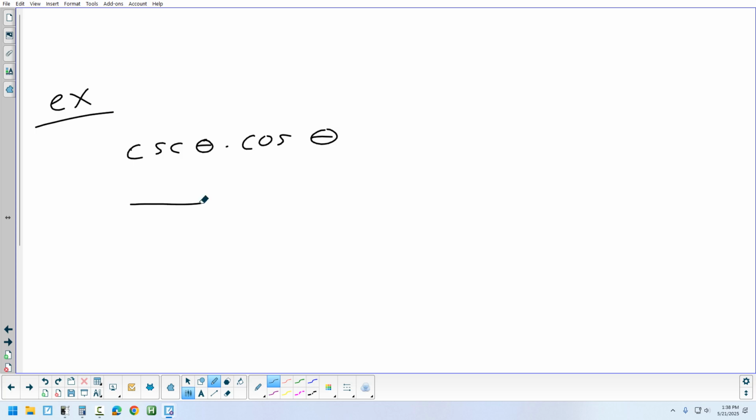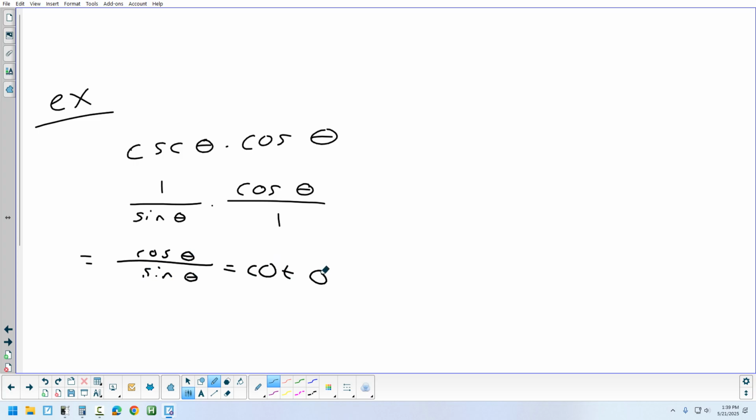And cosine, let's just make it cosine over 1. If you multiply straight across, what's in the top? Cosine over sine, which equals cotangent. Now, that's a simplify, so you don't know what the answer is, but that is the answer. It's cotangent. You'll have something like that on the test.